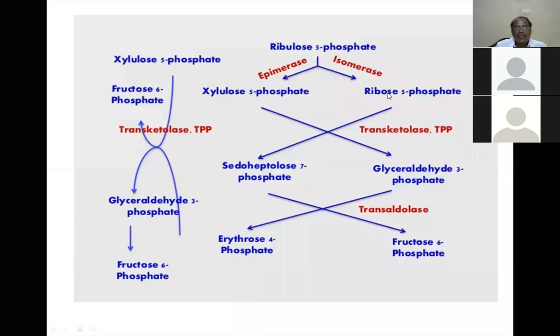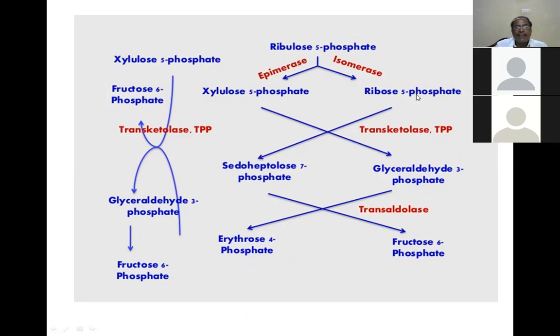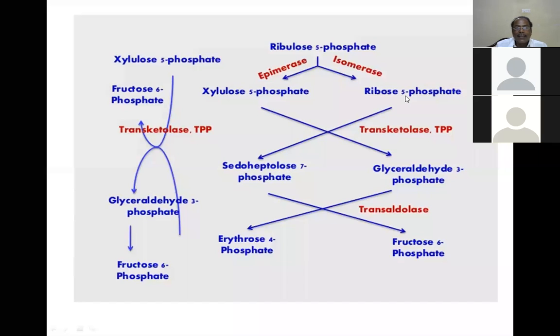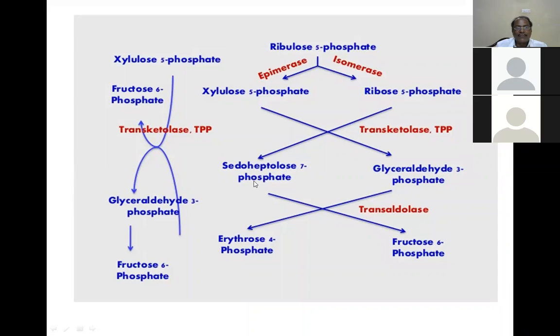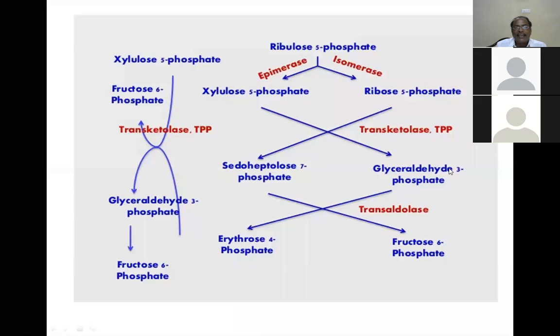Already a 5-carbon sugar, it receives 2 more carbons along with a keto group, and hence becomes a 7-carbon ketose sugar called sedoheptulose, now with 7-phosphate at the end. Sedoheptulose 7-phosphate. The remaining 3-carbon part, along with its phosphate, is glyceraldehyde 3-phosphate.